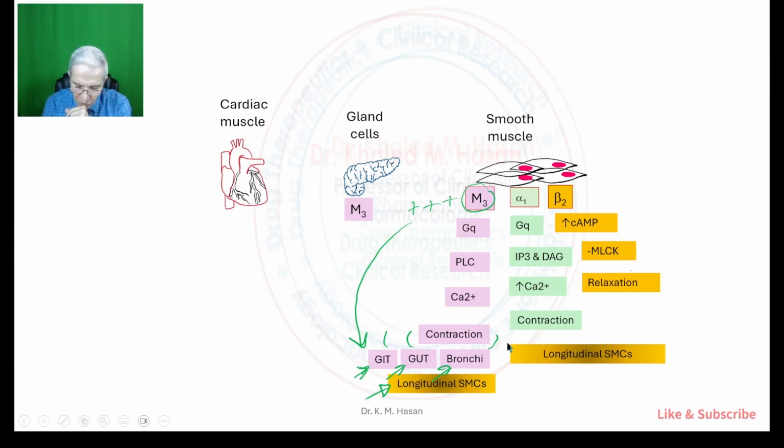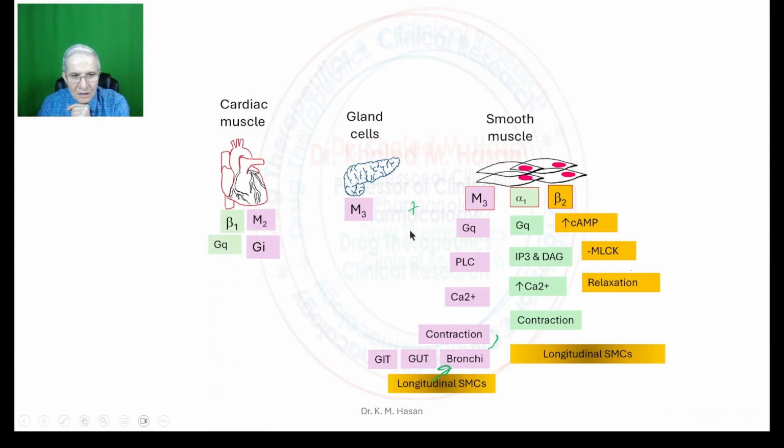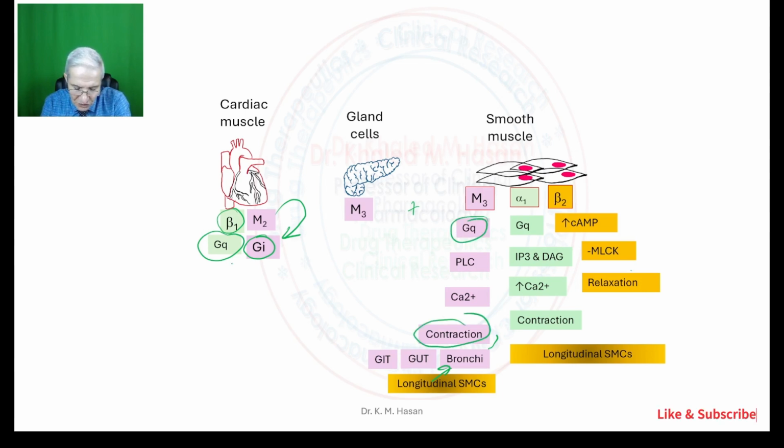Okay, speaking about the pancreas, we have M3 receptor in the pancreas. In the heart, we have beta 1 adrenergic and M2 muscarinic receptors. We need to remember that M2 receptor works on the Gi protein. Gi protein means inhibitory protein. Beta 1 receptor activates Gq protein, and the activation leads to contraction, so the situation applies similarly to the heart.